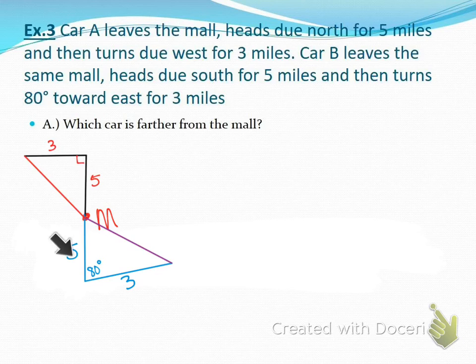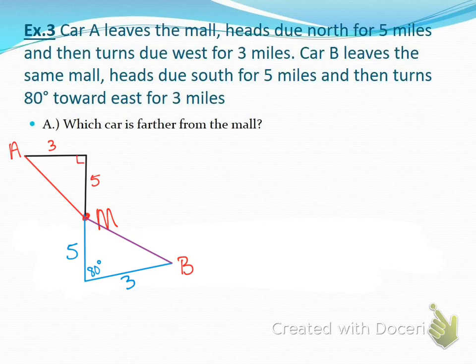So we have to go based off of the angles and the relationships we have. We have two pairs of congruent sides, the 5s and the 3s. So we've got a 90-degree angle and an 80-degree angle. If we label this point up here A and this point down here B, which of these segments or distances is greater, AM or BM?